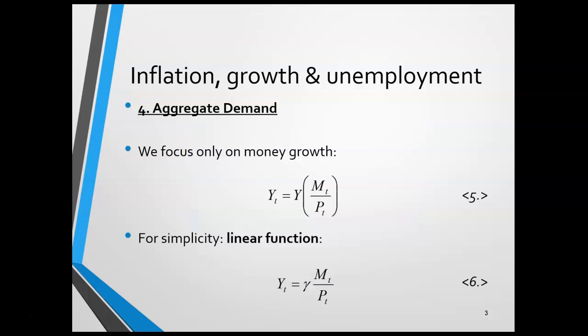Reducing aggregate demand to a function of the money supply only yields a simpler function of output as a function of simply money and prices. Here, for simplicity, we'll assume the relationship is linear with an intercept of 0. So y_t is simply equal to gamma times m_t divided by p_t.